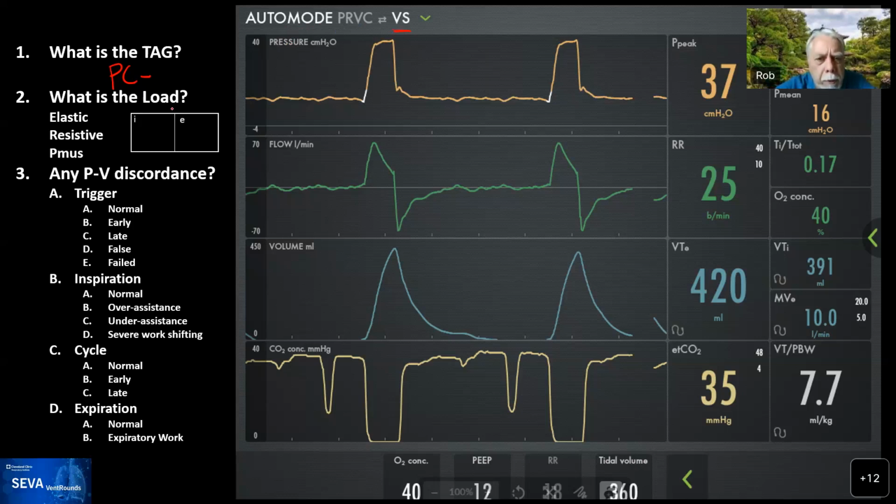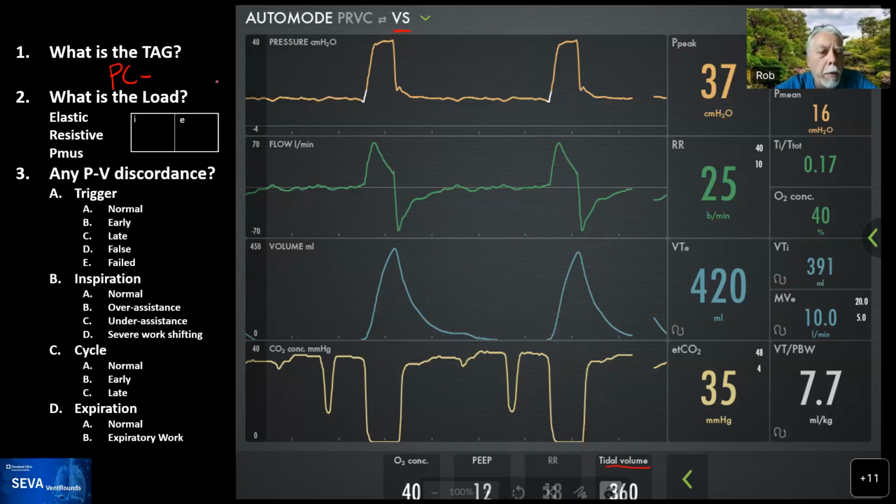So we see here what looks like 2 spontaneous breaths in pressure support. And because you can set a tidal volume, if you look at the bottom, you set a tidal volume, so there's a target for tidal volume. That means this is adaptive.